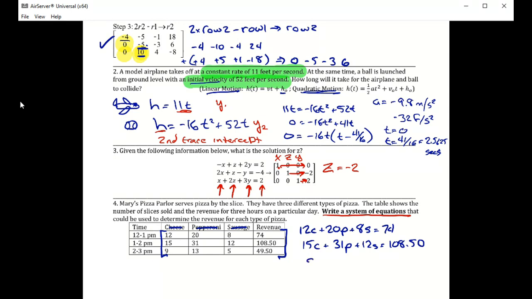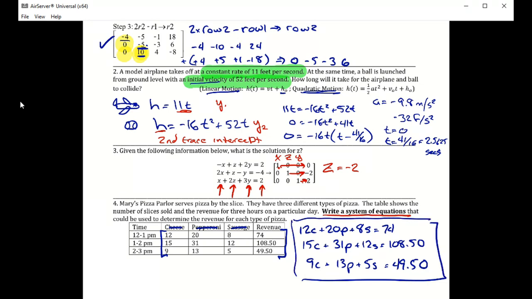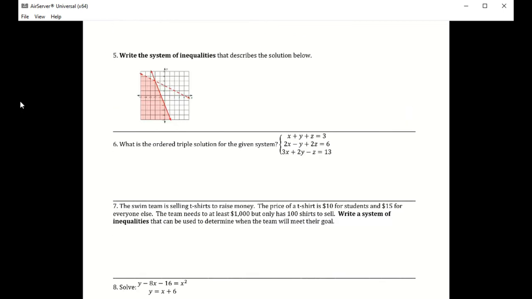And then we have 9 cheese plus 13 pepperoni plus 5 sausage equals 49.50. And we're done. That's it. Not solving, just writing the system. All right. Pause for a second. And going on to number 5.